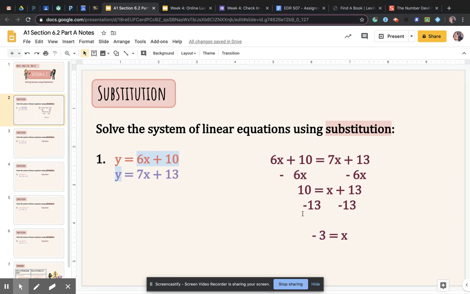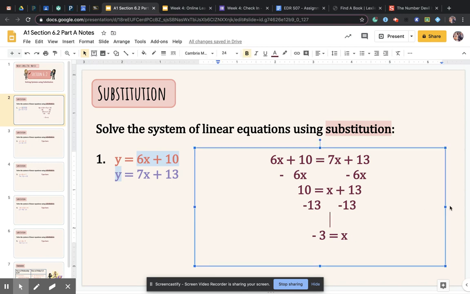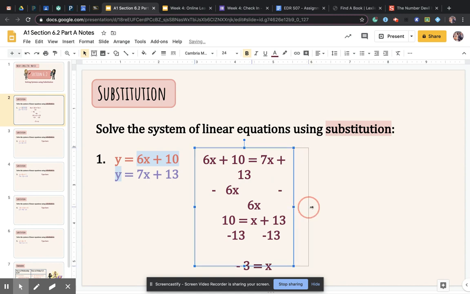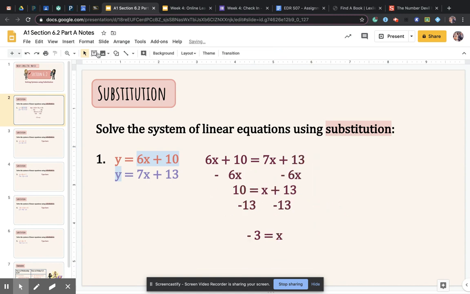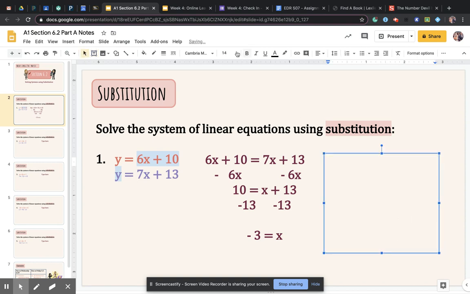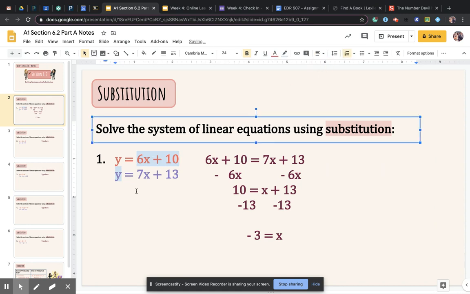Now what I need to do is solve for my y. If you run out of space on your slides, you can just add another text box. To solve for y, we're going to take our x value and plug that in. We said that x is negative 3. You can take either equation.